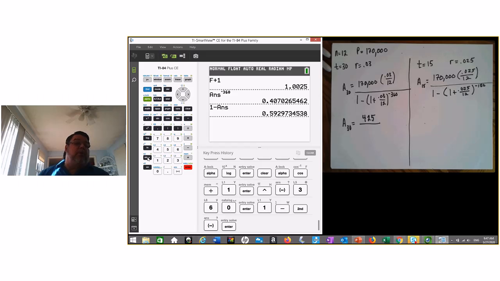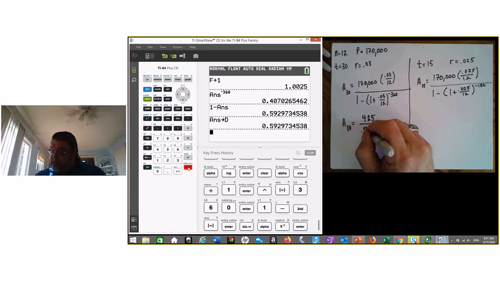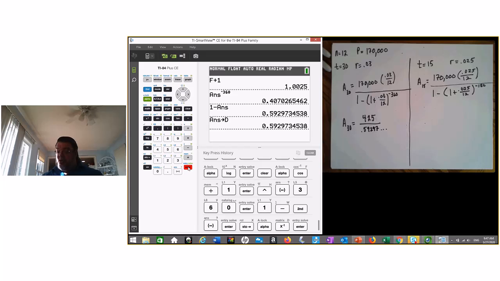Store alpha denominator. 0.59297. You keep that in your calculator.